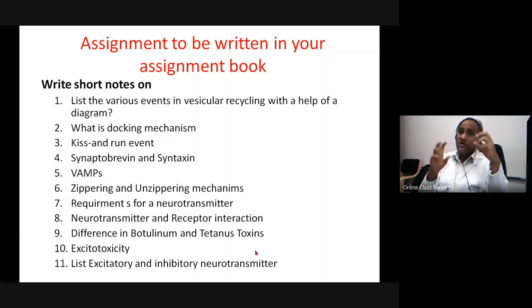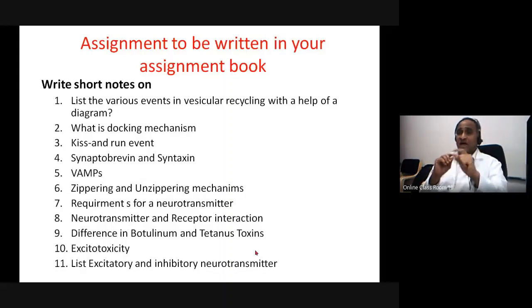What I have not gone into is the details of each of these neurotransmitters. I would love you to go to the Ganong, wherein one full chapter is dedicated to neurotransmitters. I want you to read that. It's a simple chapter which is easily understandable. Everybody should read that.